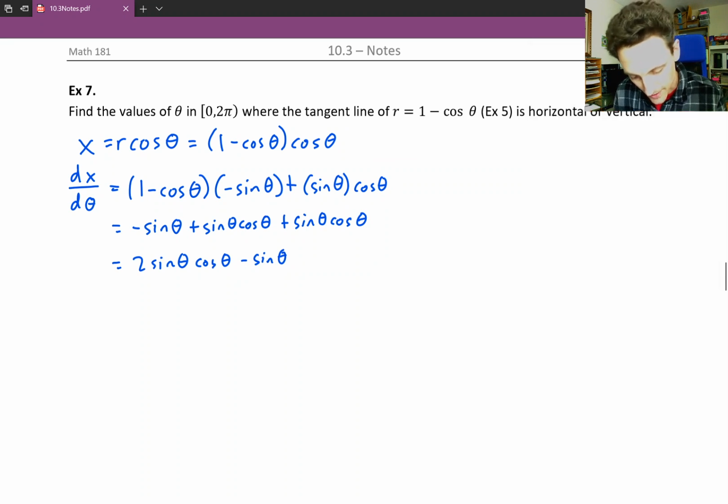Then over here on the right side, we have y equals r sine theta, where r again is 1 minus cosine theta.